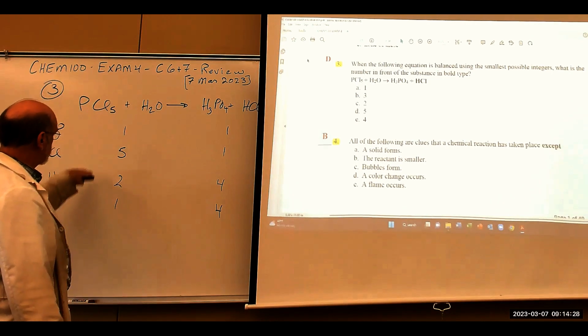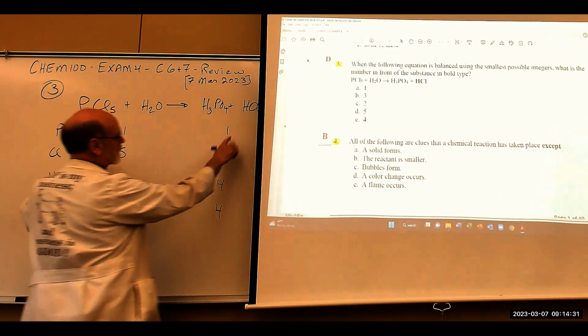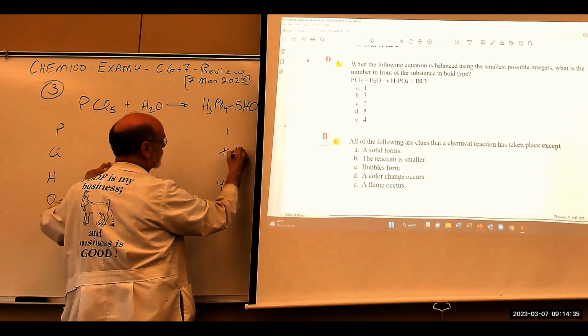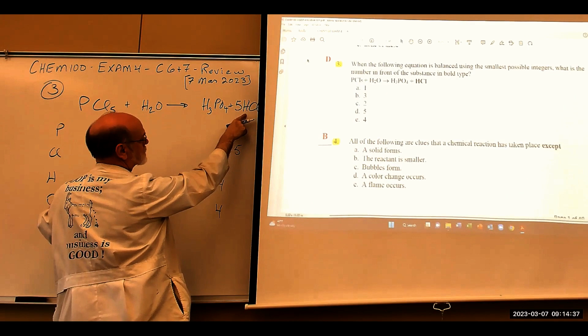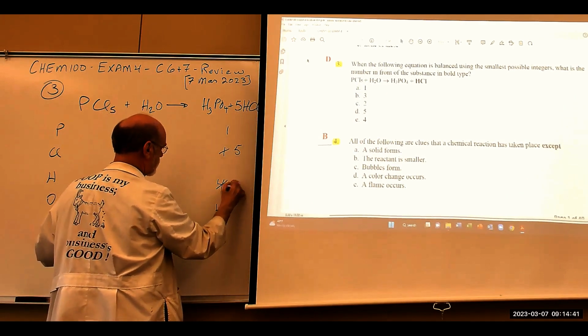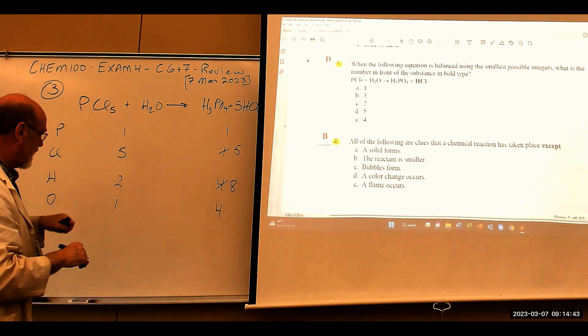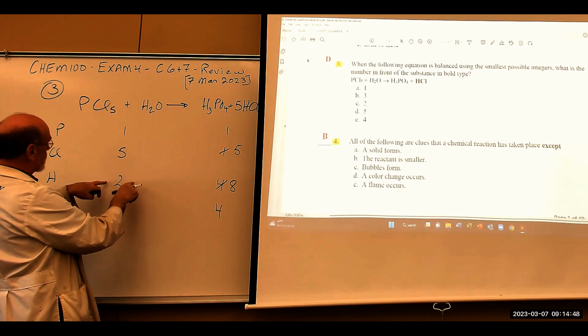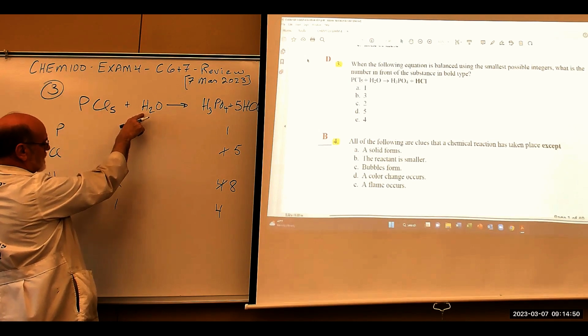Let's say we want to balance the chlorines first. That means we need a 5 here. That'll give you 5 chlorines, but it'll also change the number of hydrogens. 5 + 3 is 8. If we balance the hydrogens, hydrogens occur in one place here.